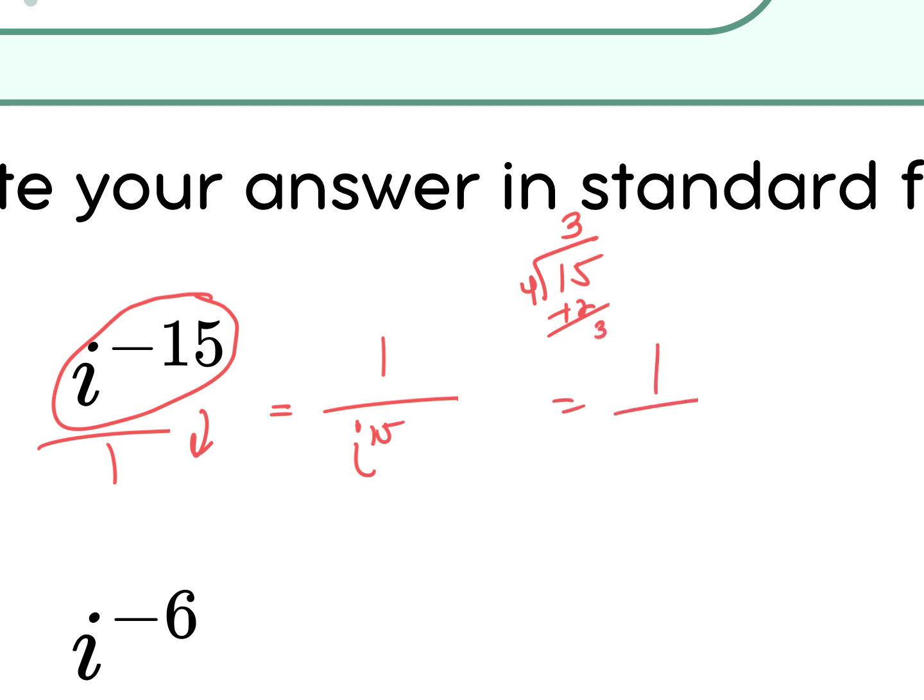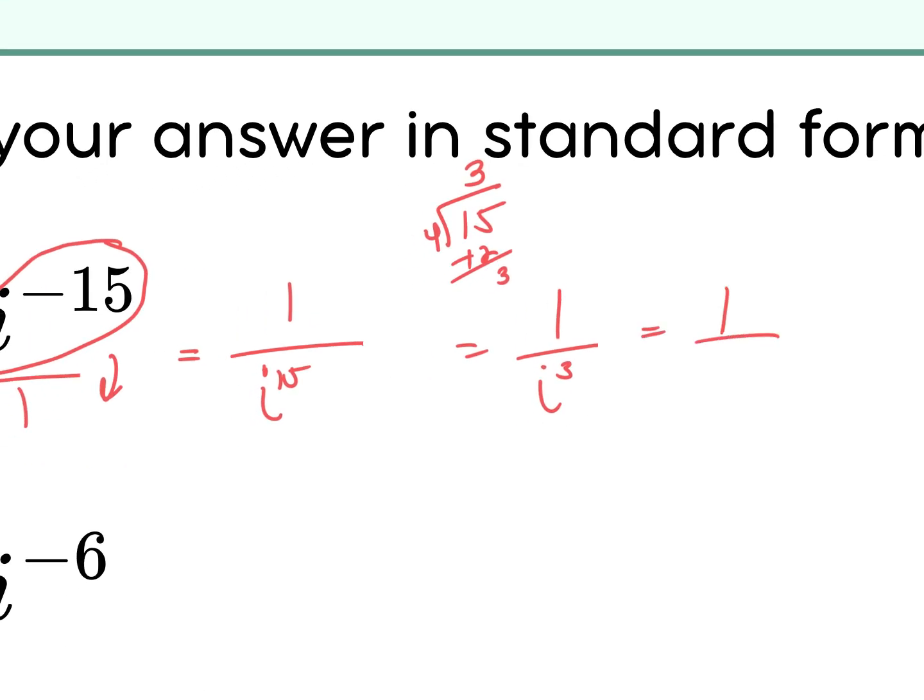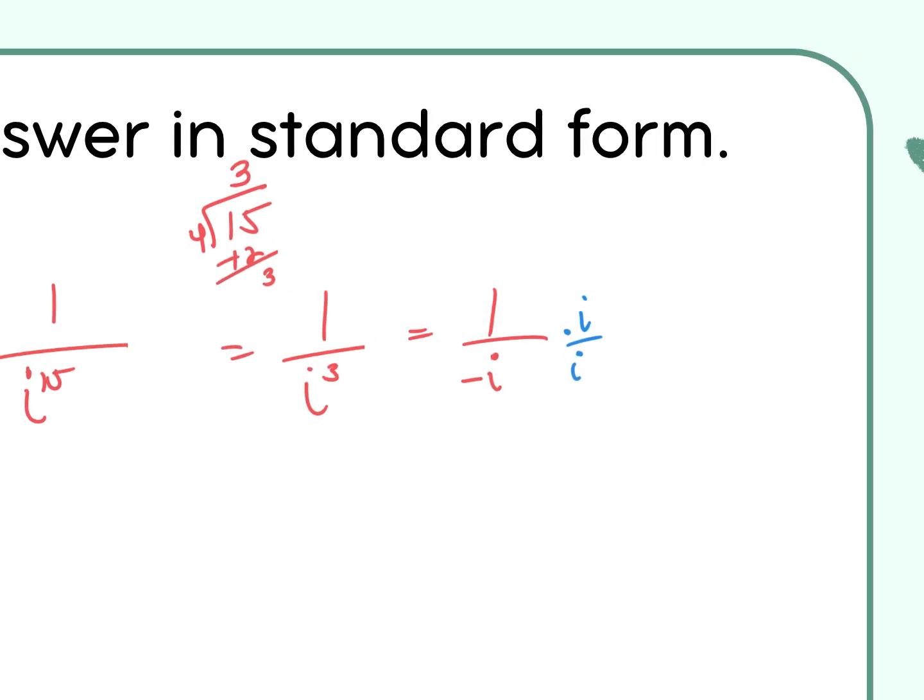This is actually 1 over i to the third power. What is the value of i to the third power? Negative i, good. Do you think I can leave my answer like this? Why not? Can't have an i in the denominator, so I'm going to multiply top and bottom by i. Good job, guys.